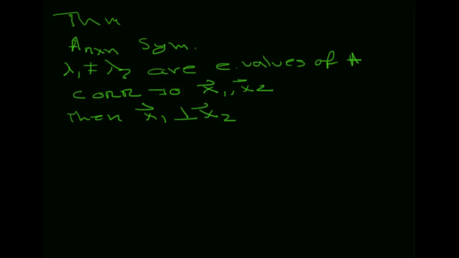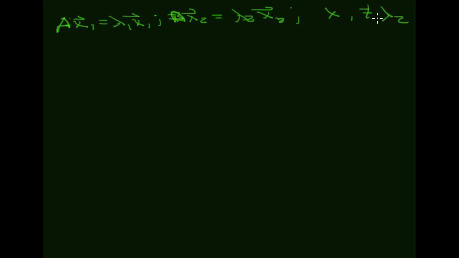Alright, so we can prove this fairly straightforward. We're going to let A times x1 be lambda 1 times x1, and A times x2 equal lambda 2 times x2. And we're also going to note that lambda 1 does not equal lambda 2.